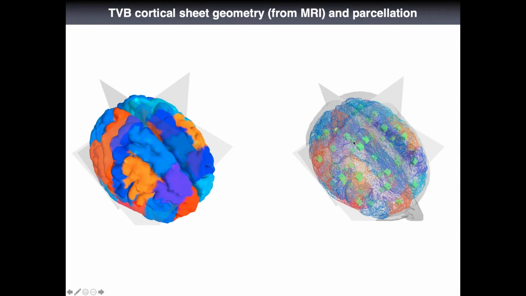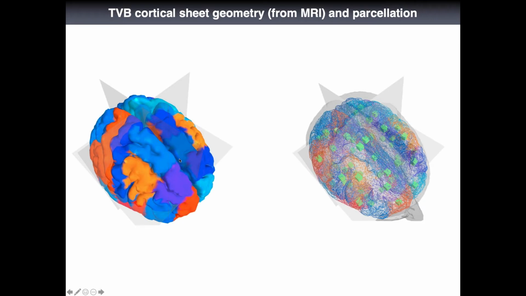As you see here, there are nodes and small triangles, and they follow the geometry of the cortical sheet. And then using specialized software like FreeSurfer and publicly available atlases of the brain, we can actually attribute each one of these patches of the cortical surface to different brain regions.